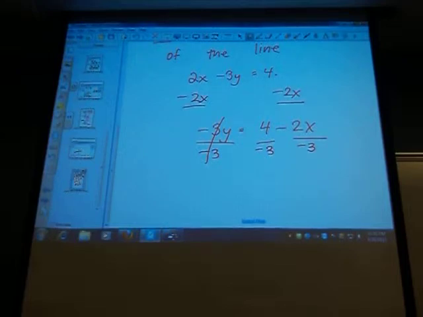And what do I end up with here? Y equals negative 4 over 3 plus negative 2 over negative 3 becomes positive 2/3 x. So your slope is 2/3.